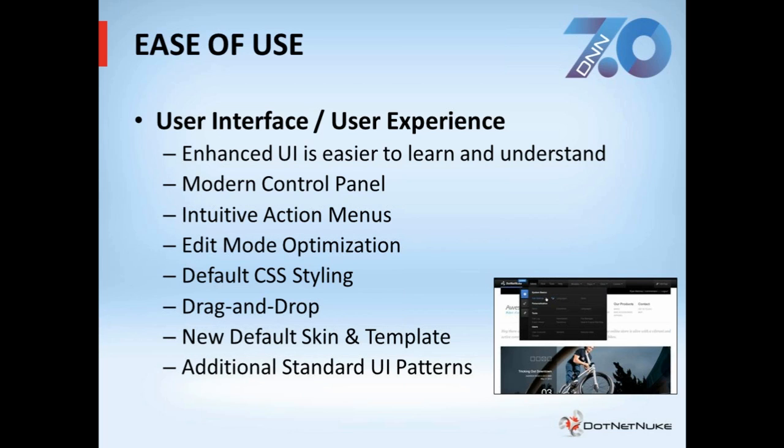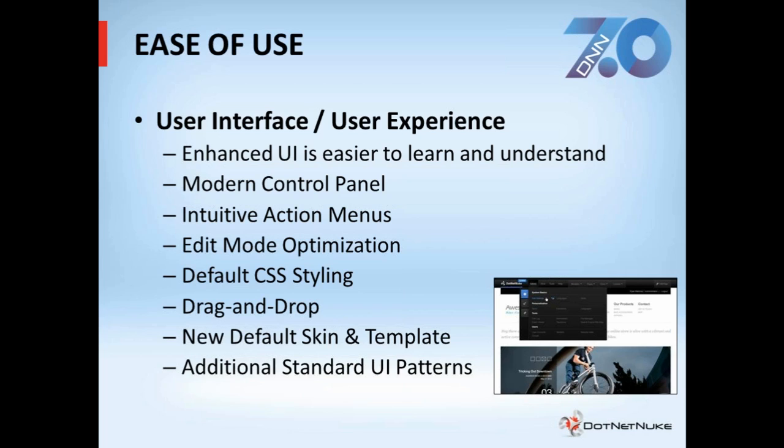It has gone through a number of iterations, and the DotNetNuke 7 iteration is perhaps the most advanced yet the most simple implementation that we've ever done. It's got all of the main functionality that you're looking for at your fingertips, all organized in a very intuitive manner, and visually it's far more appealing than any control panel I believe we've ever produced in the past.